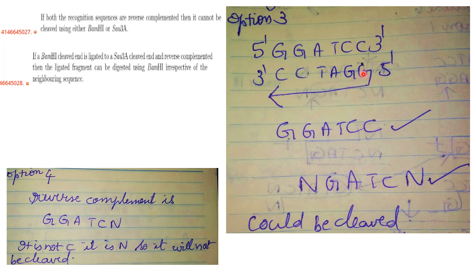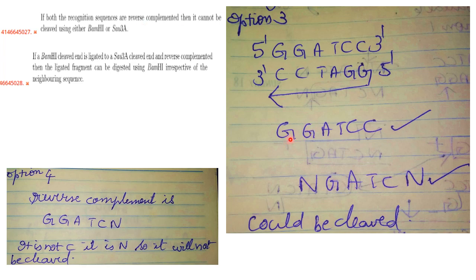So you have to read it from GGATCC. That is the reverse complement of BamH1. This is the reverse complement for Sau3A. Now what they have told is, if both the recognition sequences are reverse complemented, then it cannot be cleaved using either BamH1 or Sau3A.